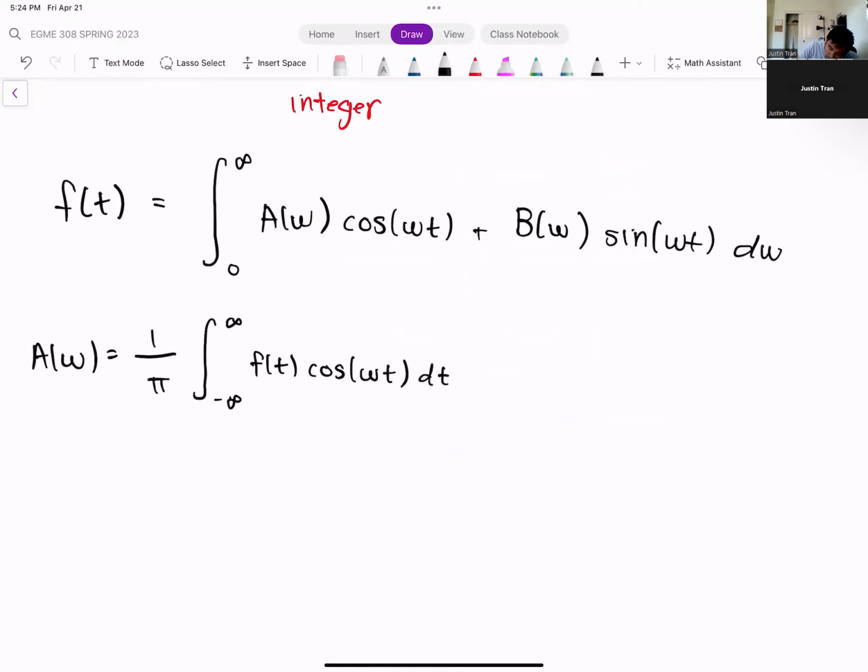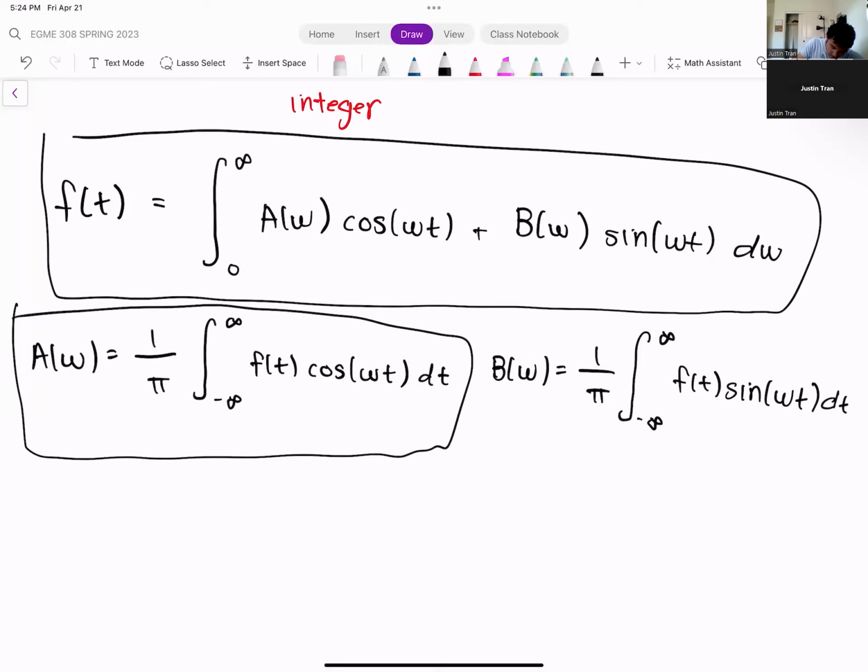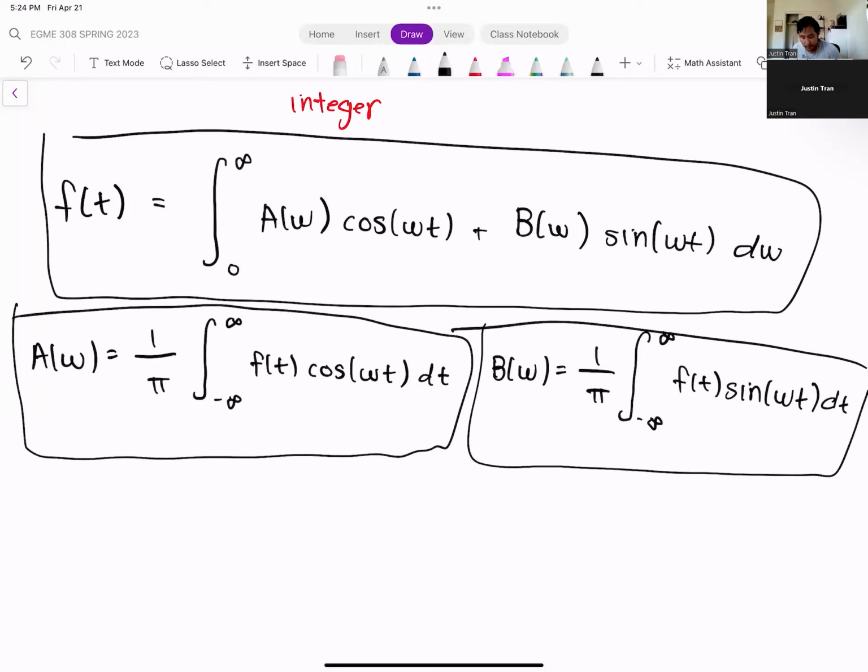And B of omega is equal to 1 over pi times the integral from minus infinity to infinity of f of t sine omega t dt. So that's the Fourier integral.